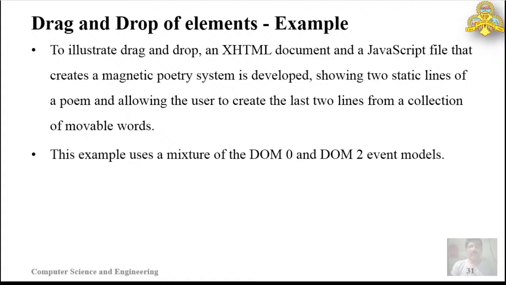The main reason for using this example is that it is a mixture of DOM0 and DOM2 event models. The very important feature here is the DOM2 event model, because the DOM0 event model is a very easy one, and in the DOM2 event model you will realize how flexible and advanced it is compared to the DOM0 model.